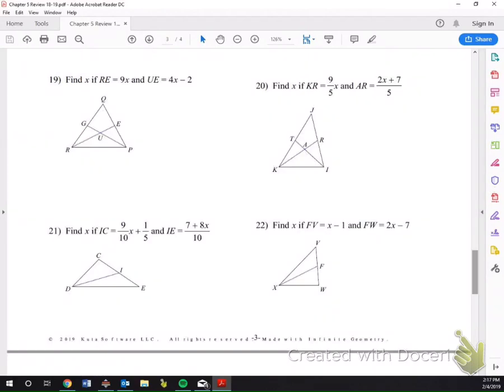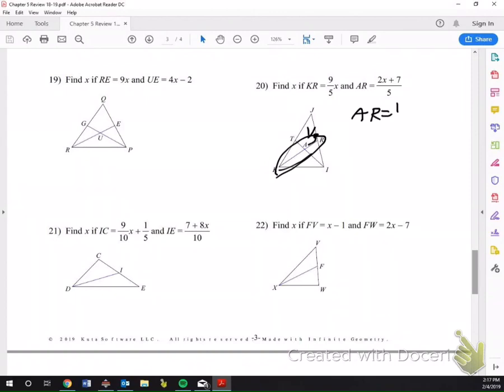Now, number 20 is a little bit trickier. Find x. We have two of our medians here, and we know this point right here is the centroid. Let's first write our relationship down. We're comparing KR, which is the whole thing, to AR, which is 1/3.